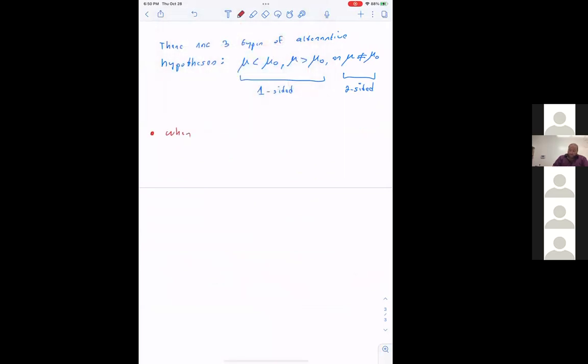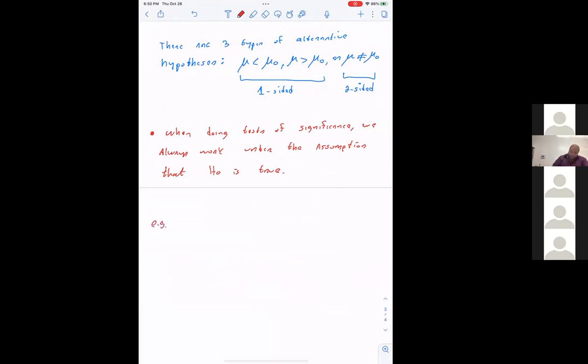When doing tests of significance, which are what these are called, we always work under the assumption that the null hypothesis H naught is true. So we're always going to work under the assumption that the null hypothesis is true.